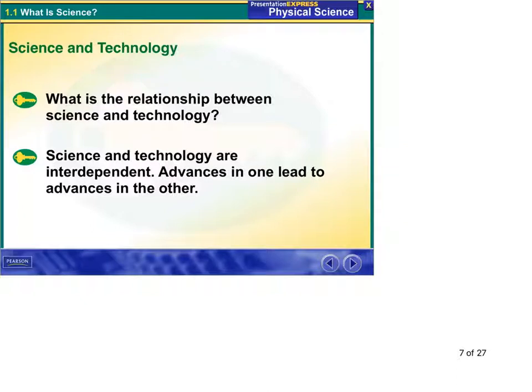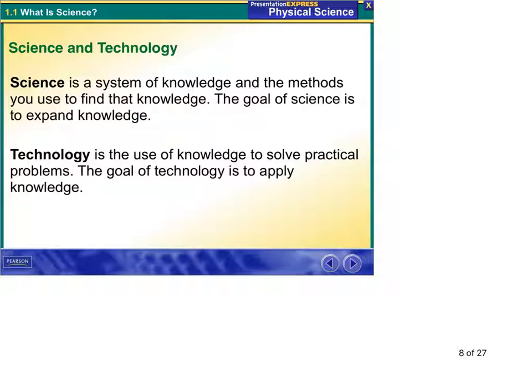And another key question: the relationship between science and technology. They are interdependent. Advances in one lead to advances in the other. Key definition here: science is a system of knowledge and the methods used to find that knowledge.